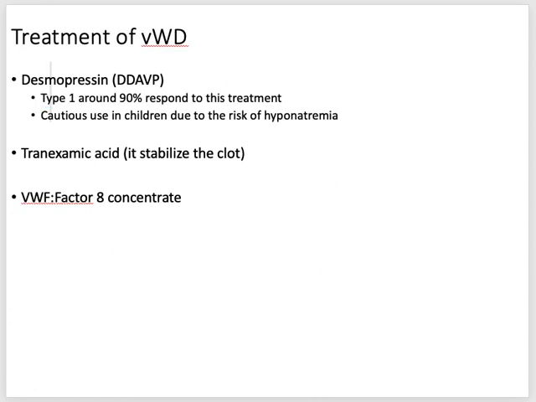Okay, so this is important. The prognosis is good with these patients, like patients with type 1 von Willebrand disease. They have a good life. But of course, if the deficiency is very severe, there can be a history of increased bleeds and things like this.